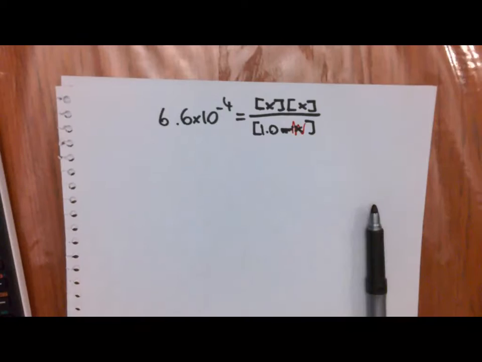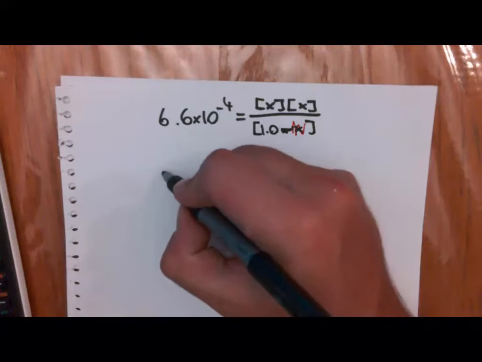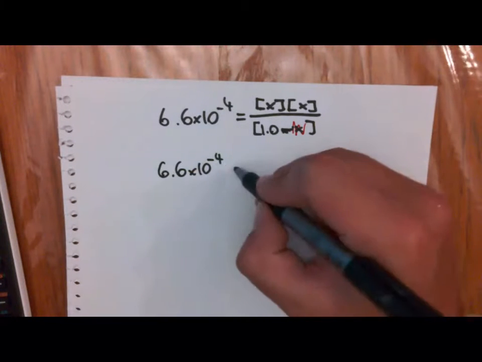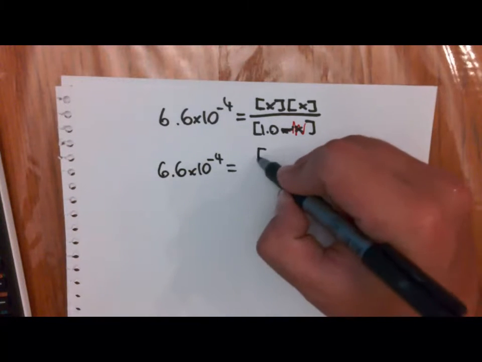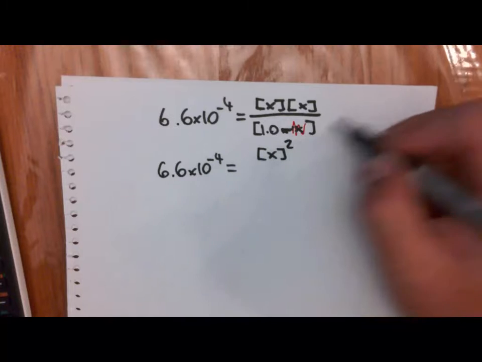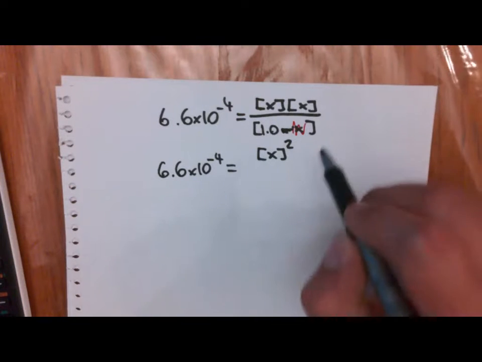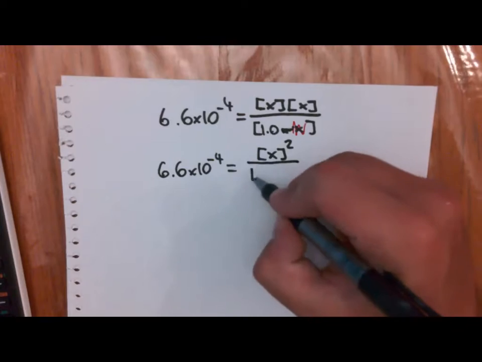So instead, our new equation is going to be 6.6 times 10 to the negative 4 equals X squared, since I just multiplied this one by this one, gathered like terms to give me X squared, over 1.0.